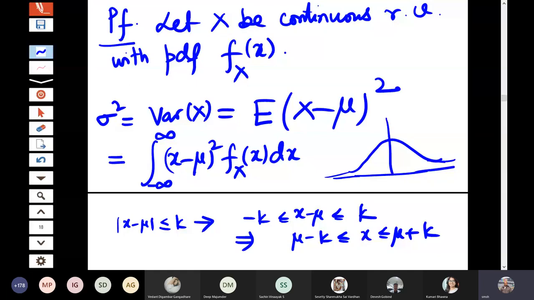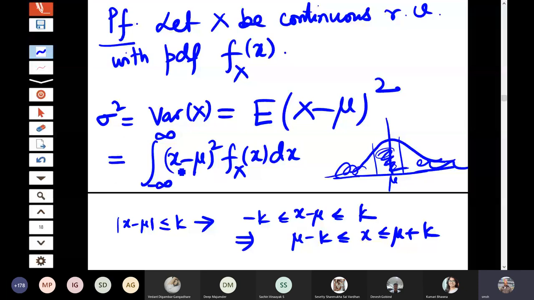So if this is mu, then mu minus k to mu plus k is some region. If I say mod x minus mu is greater than k, then it will be outside of this, and if I say less than or equal to, then this will be inside.